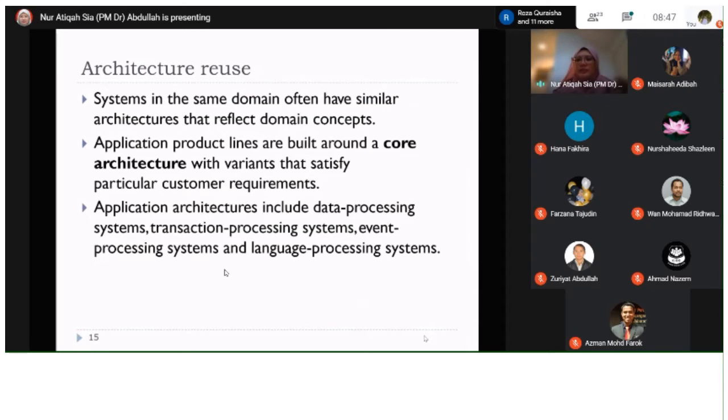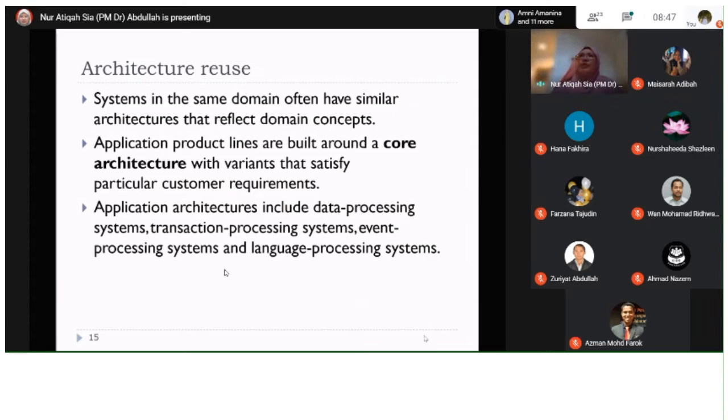Transaction processing systems, event processing systems and language processing systems also have different forms. All these kinds of architecture we call application architecture, meaning that if you choose any of the processing systems listed here, it has certain styles and patterns, so we can follow them.